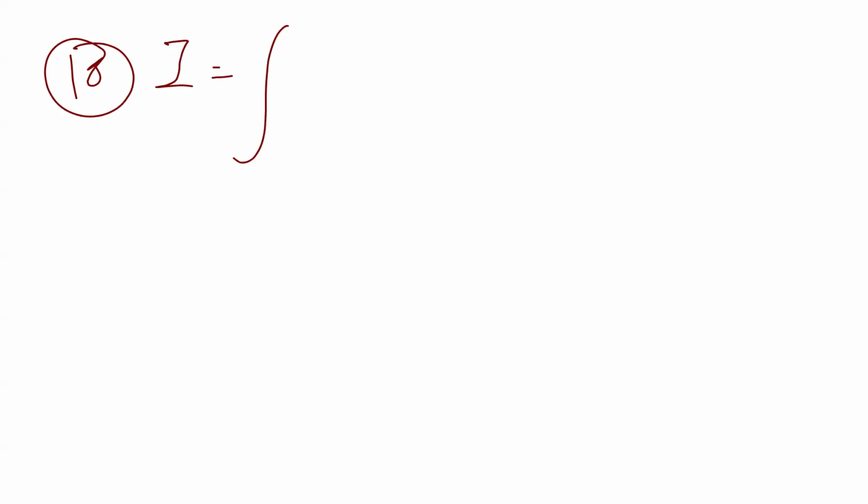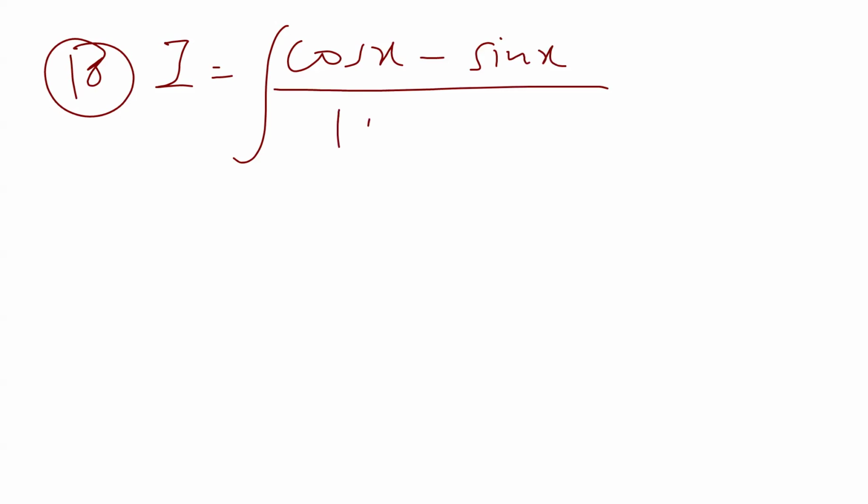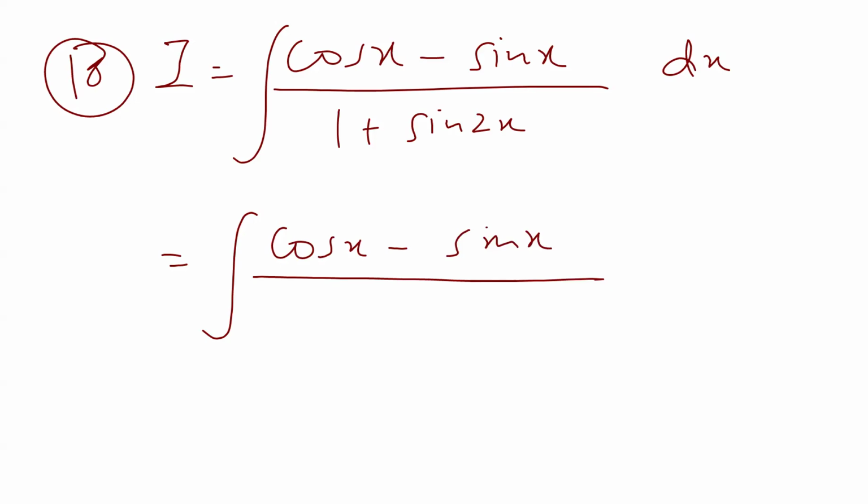Integration of cos x minus sin x upon 1 plus sin 2x. So this is cos x minus sin x upon cos x plus sin x the whole square. Now this is a very interesting case, I should say.